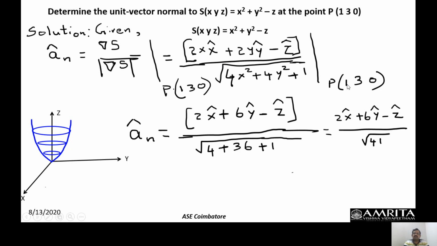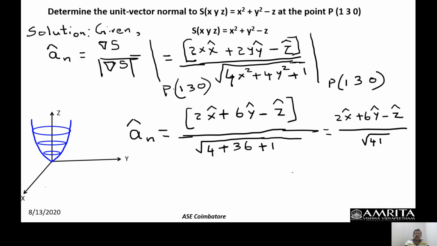If I change this point from (1,3,0) to say (4,5,1), then wherever x, y and z are there, I will have to substitute respectively 4, 5 and 1 for the point. So depending on where the location is, the unit vector normal at that point is going to be changing. So be careful to note this point.